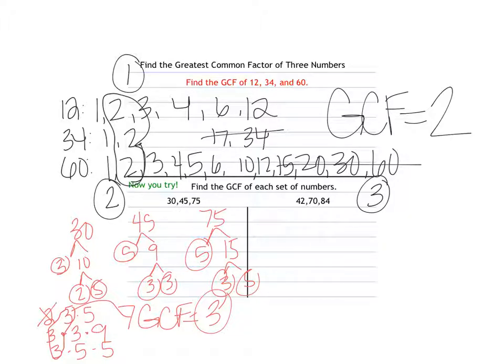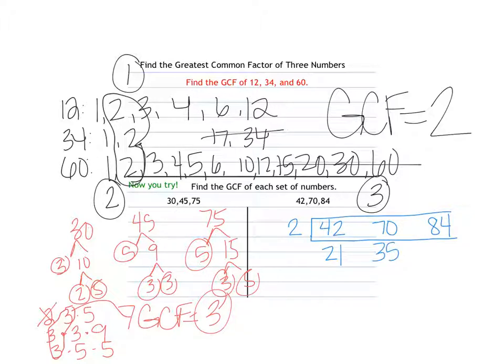All right, and then for the last one, the little cake method here, 42, 70, and 84. I know right away they can all be divided by 2, so let's just start with that. And I meant to do the line under. 42 divided by 2 is 21. 70 divided by 2 is 35.